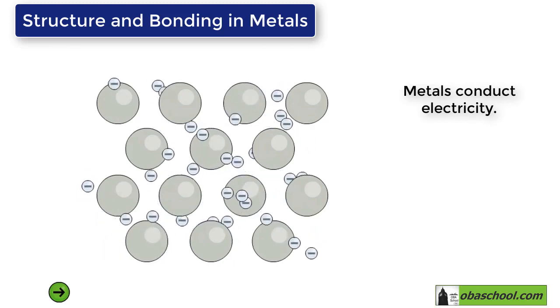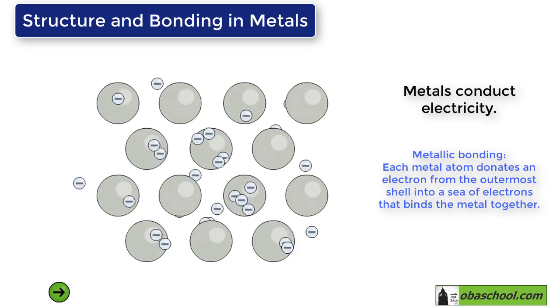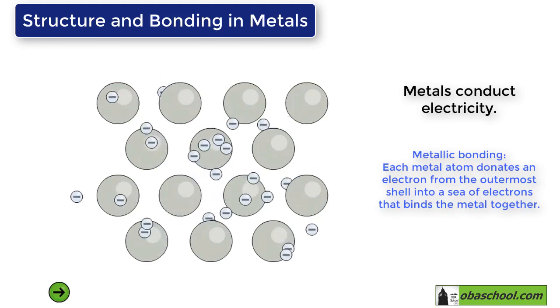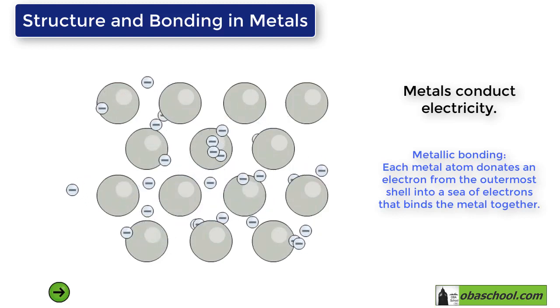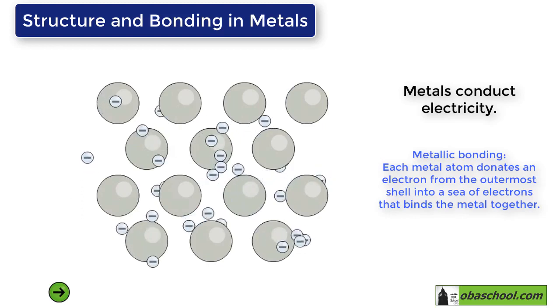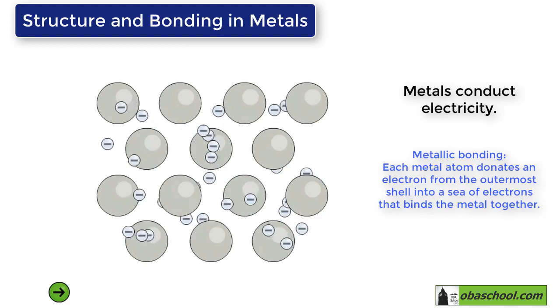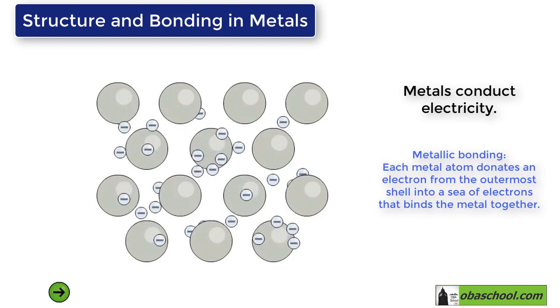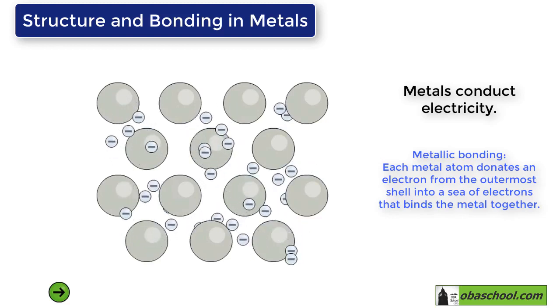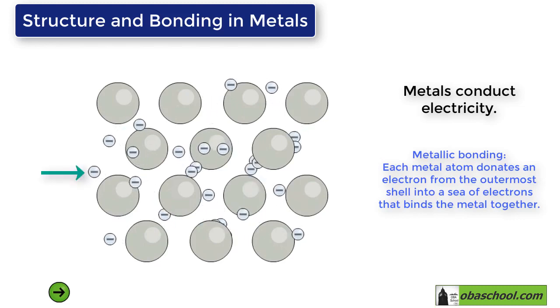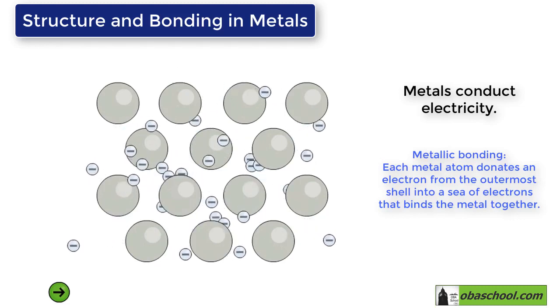Metallic bonding involves each metal atom donating electrons into a sea or a cloud of electrons that bind the metal together. These electrons come from the highest occupied energy level, which is the outermost shell of the metal atoms. And you can see them moving in the simulation around the atoms.